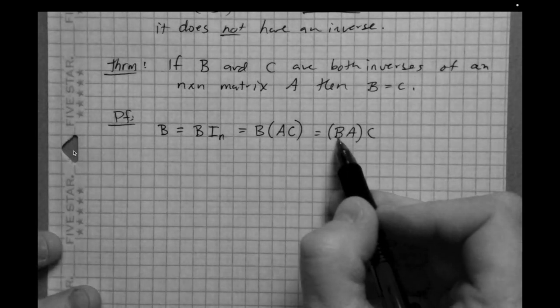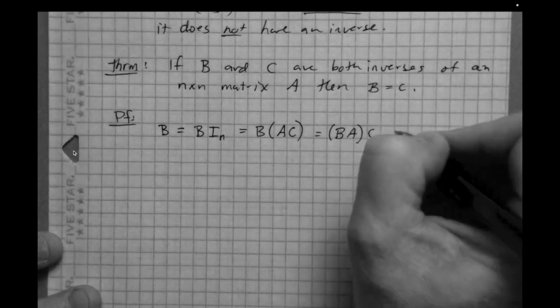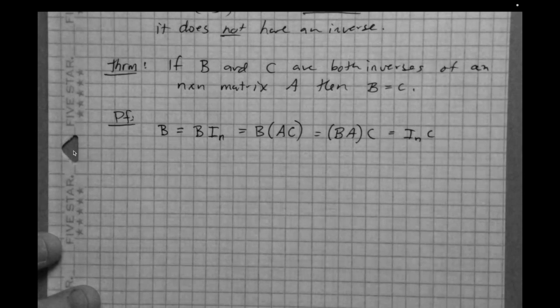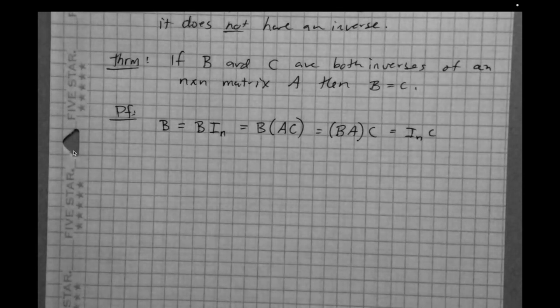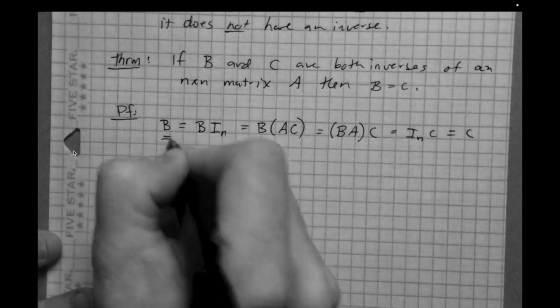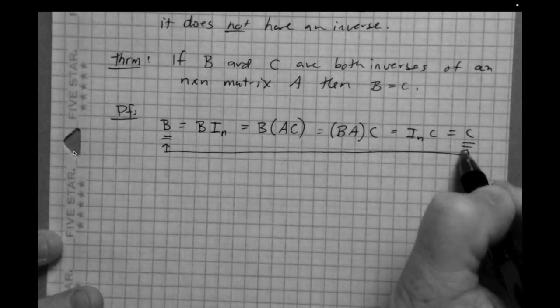Now B is also an inverse of A, so this is equal to the identity matrix times C. And of course, the identity matrix times C is just equal to C.